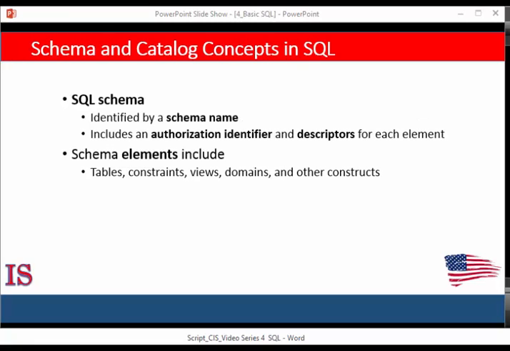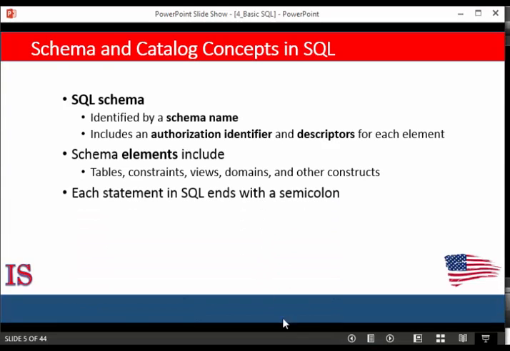An SQL schema is identified by a schema name and includes an authorization identifier to identify the user or account who owns the schema, as well as descriptors for each element in the schema. Schema elements include tables, constraints, views, domains, and other constructs, such as those authorization grants that describe the schema. All SQL statements end with a semicolon.